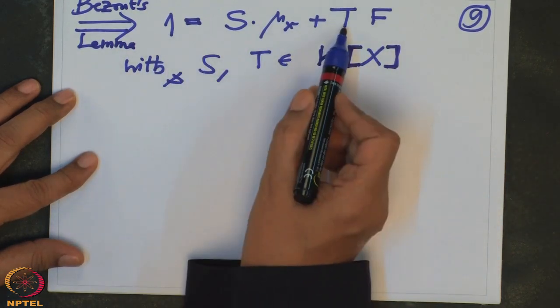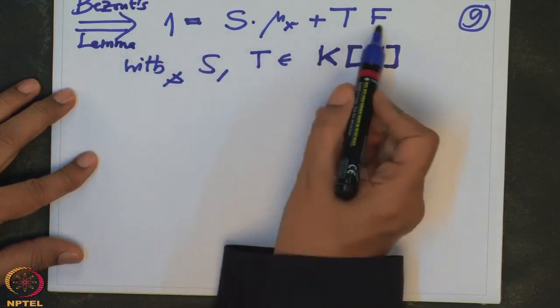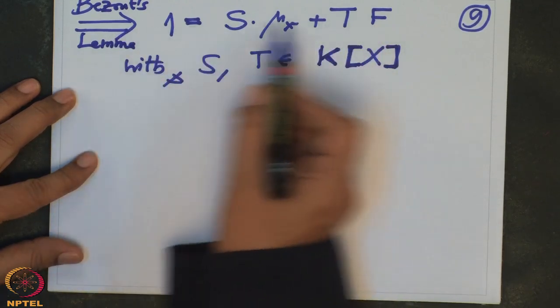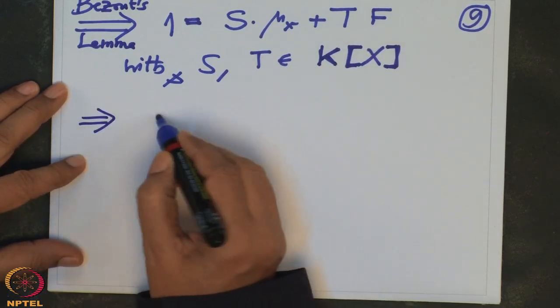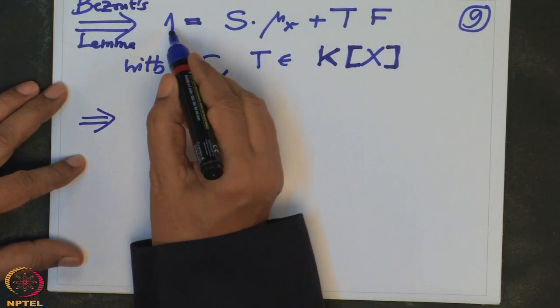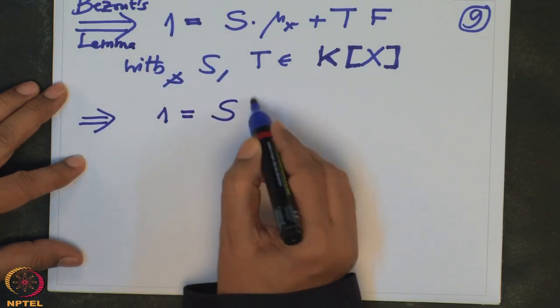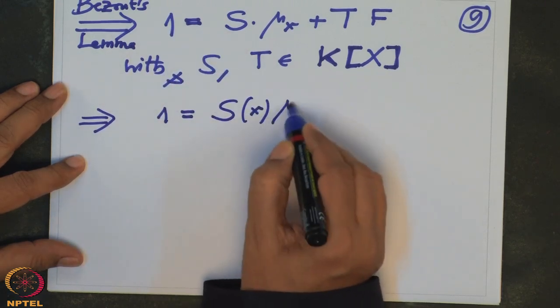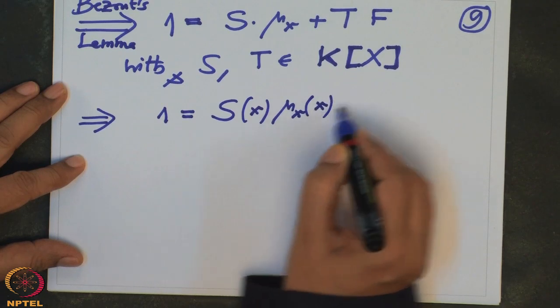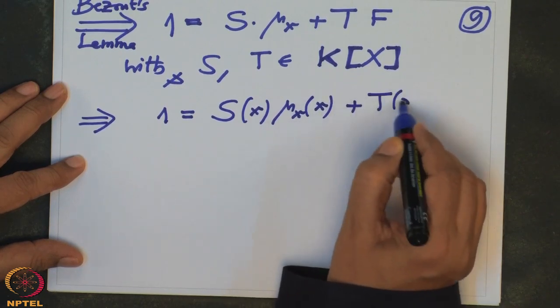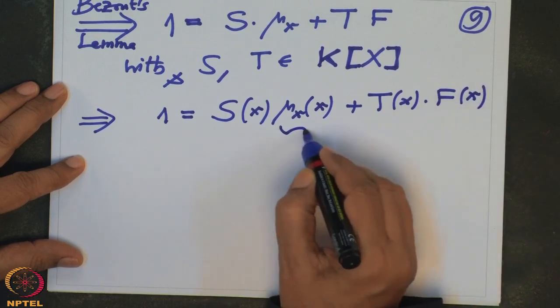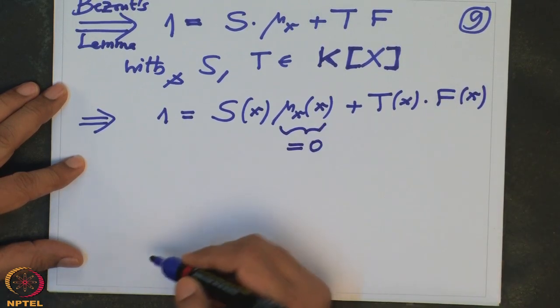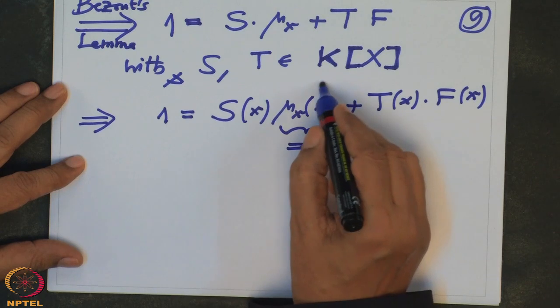Now once we have this, evaluate it. This is a polynomial identity, so evaluate it at small x. That implies 1 is equal to s(x) mu(x) plus t(x) f(x). But mu(x) is 0 because mu is the minimal polynomial of x, so this term goes.